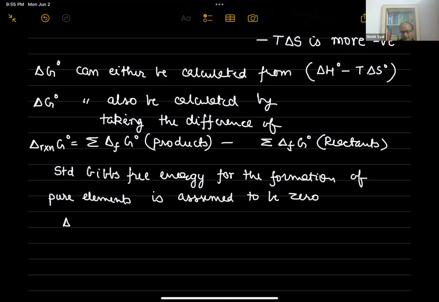So what is the delta G naught f for hydrogen? It is a pure element. It is 0. Pure elements in their standard state.